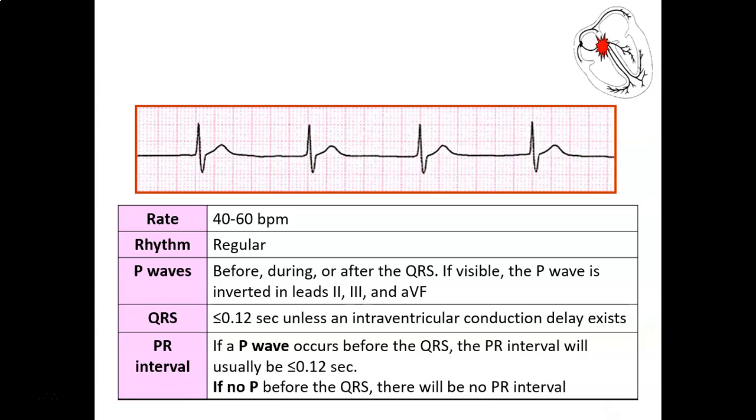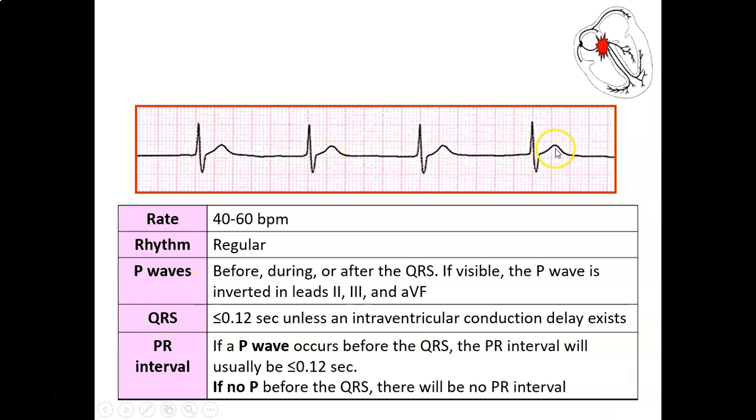So look at this rhythm strip. So let's apply the 5 steps of arrhythmia interpretation. The rate here is between 40 to 60. You can count. Rhythm is regular, so it means coming from one source. No P waves, so what it means? It means it's not coming from the sinus node. QRS duration is narrow.